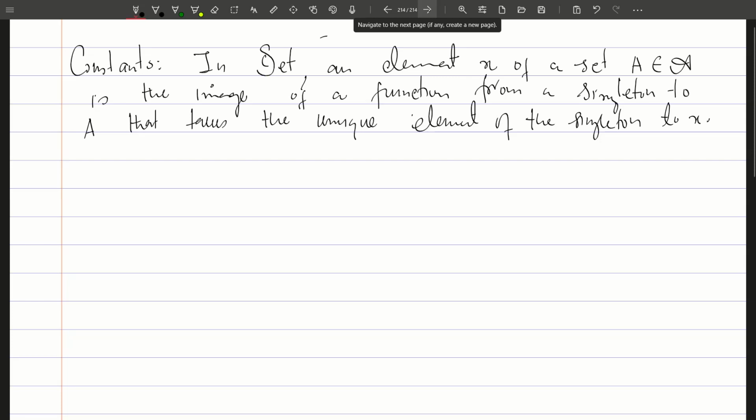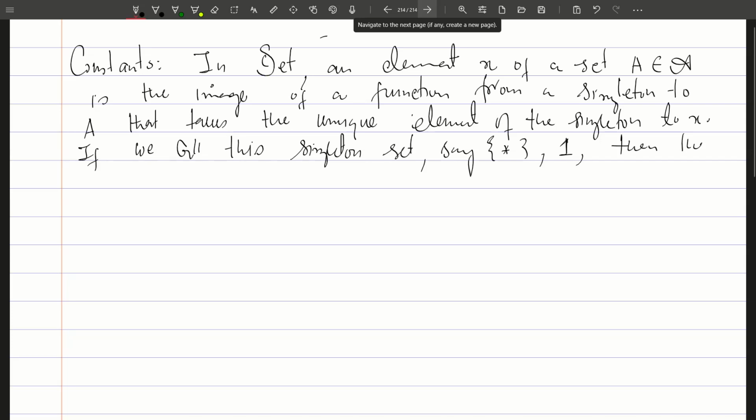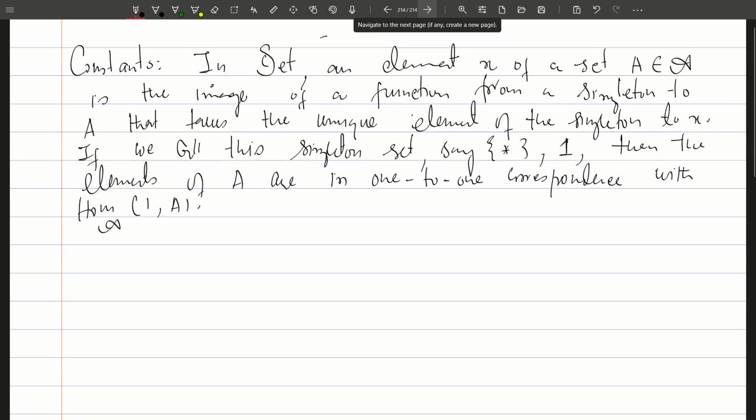So if we call this singleton set, say star, if we call this singleton 1, then the elements of A are in one-to-one correspondence with Hom(1, A), which is the set of all functions from the terminal object to A.